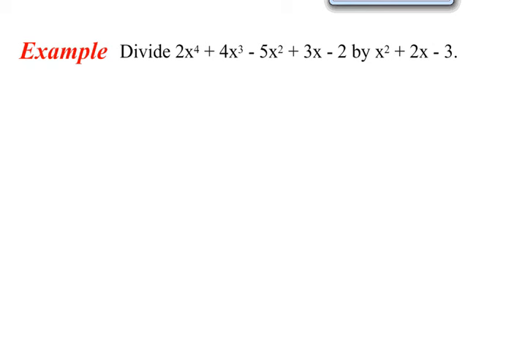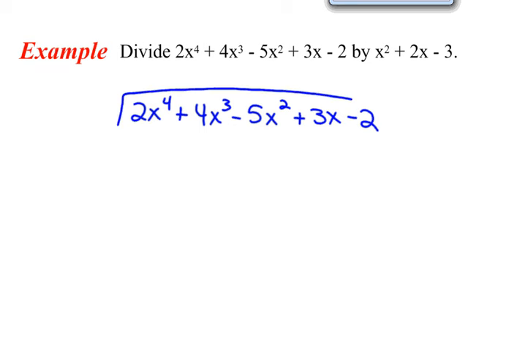All right, so here's our last example with long division, and it's quite a long polynomial. So we have 2x to the 4th plus 4x cubed minus 5x squared plus 3x minus 2 divided by x squared plus 2x minus 3.